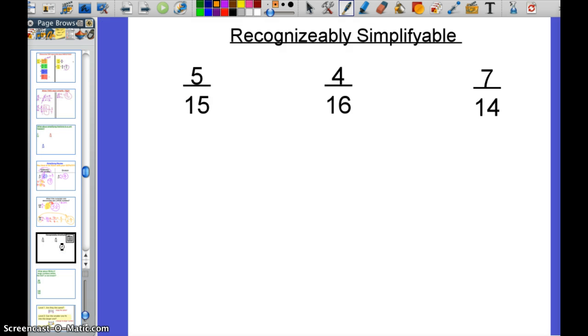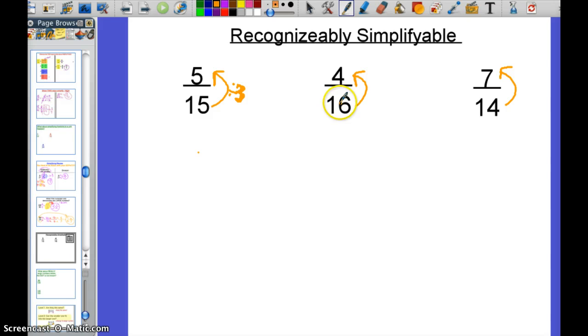The final thing I wanted to talk about was dealing with fractions that you should immediately see a special relationship between. So if you look at 5/15ths, 4/16ths, and 7/14ths, what I hope you would notice is that they have a relationship in terms of the basic math facts, right? 15 in thirds is 5. 5 is 1/3 of 15, right?